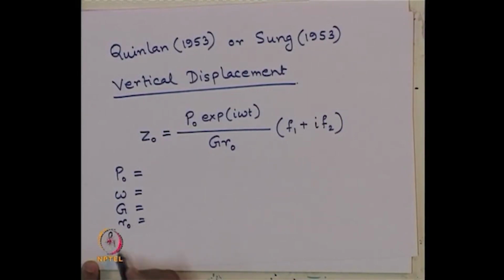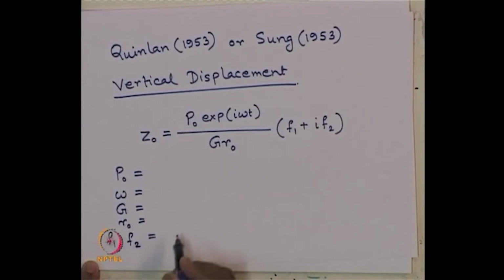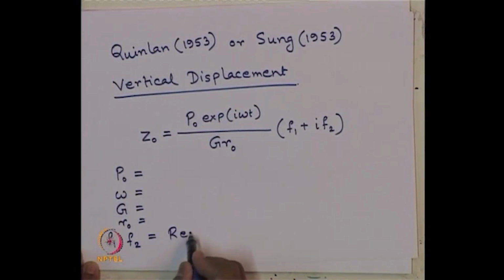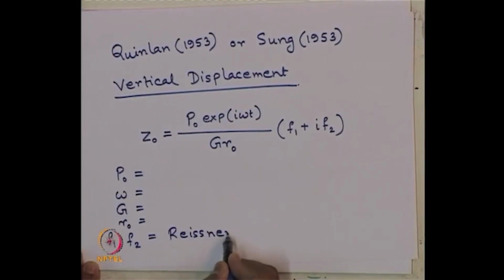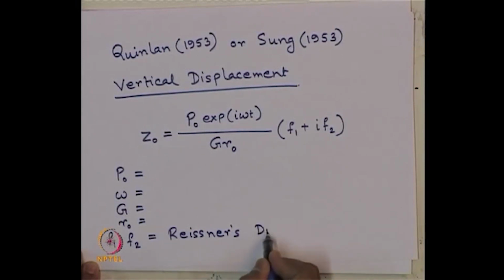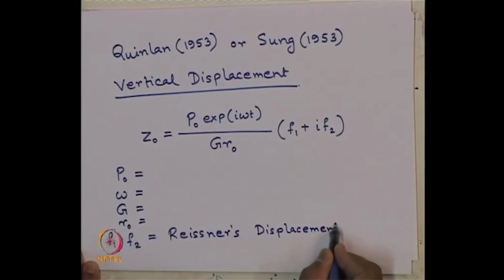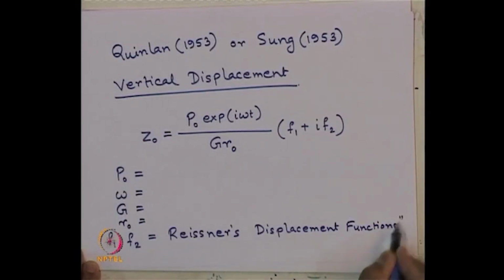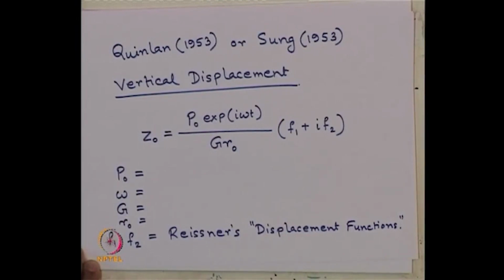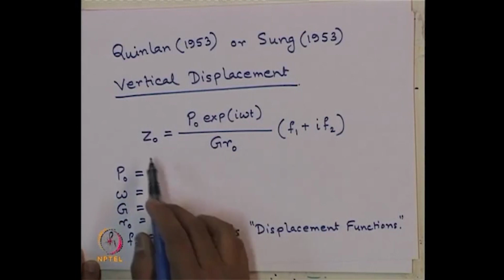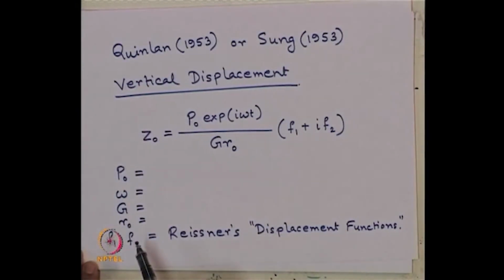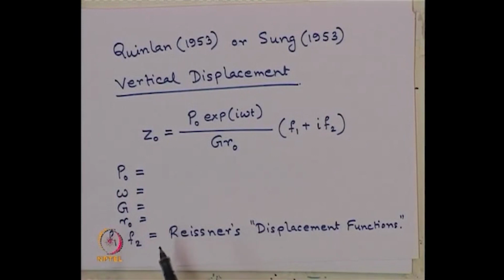Whereas, these f1 and f2, these two are called Reisner's displacement functions. So, Reisner's displacement functions are used in the expression to get the vertical displacement of such a machine foundation when it is subjected to vertical mode of vibration.